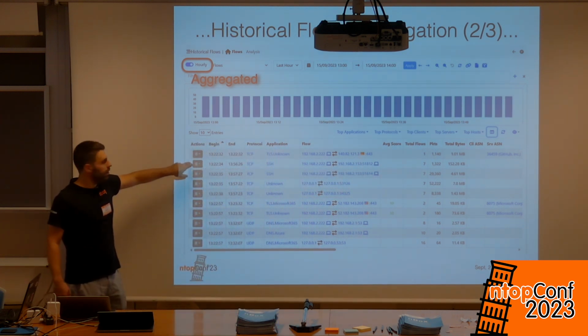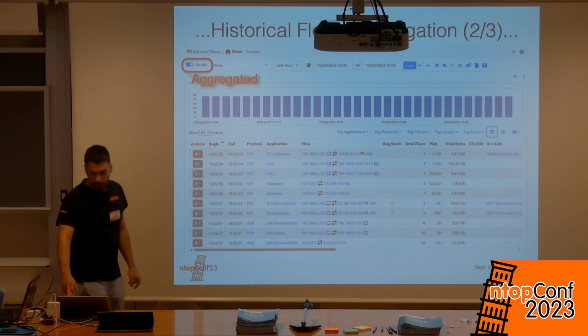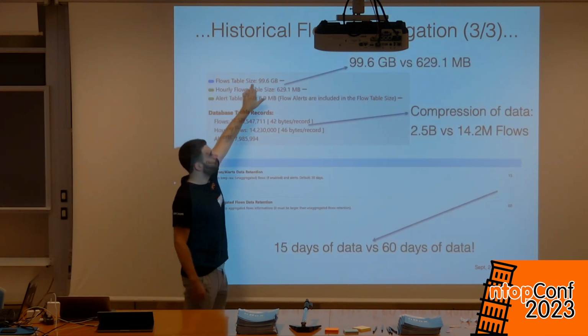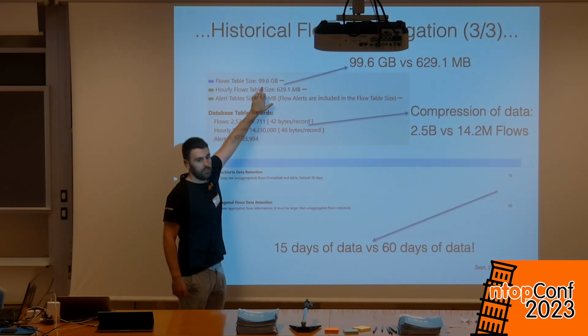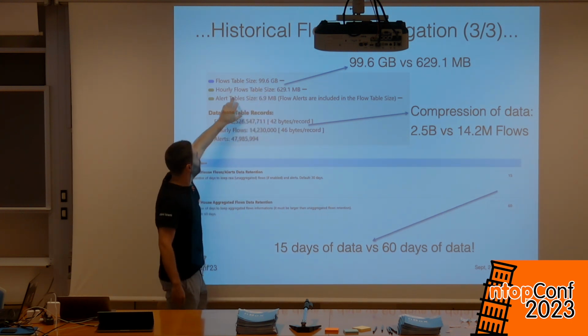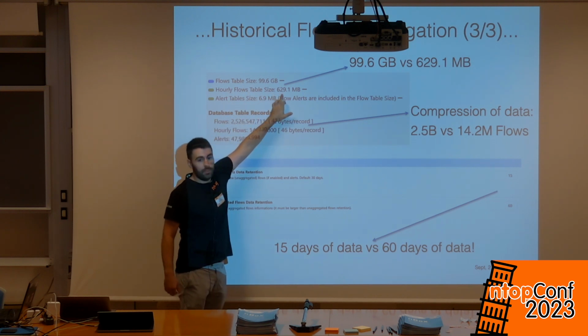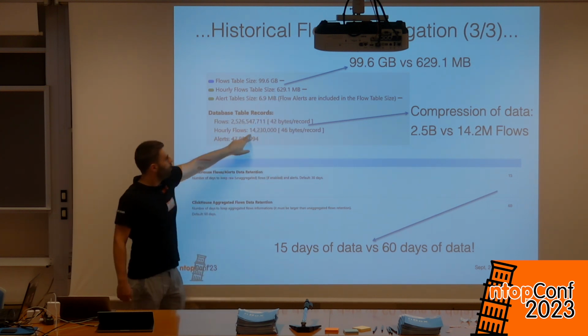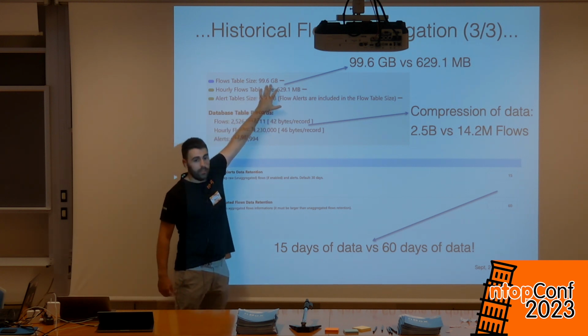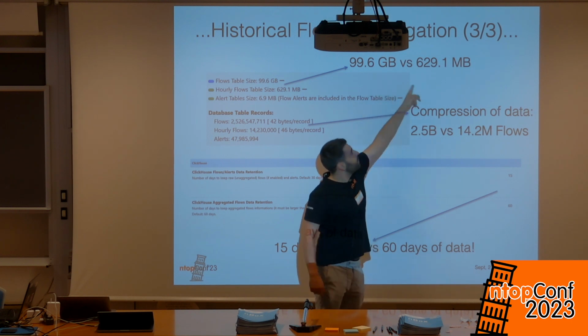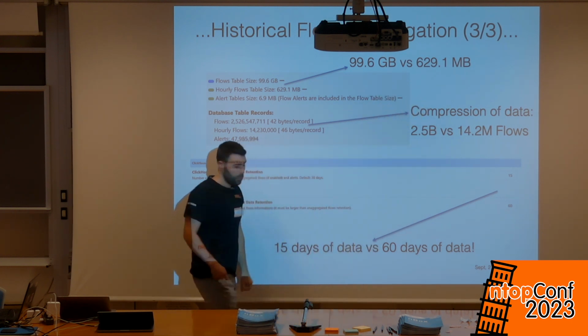In this way, we reduce the disk usage a lot. In fact, from the flows we have 99 gigabytes of data, and we have an aggregation of 600 megabytes. Same data. So we reduced the space used by a lot.